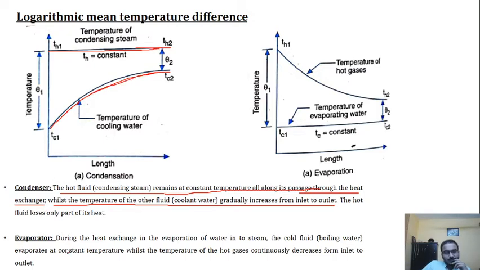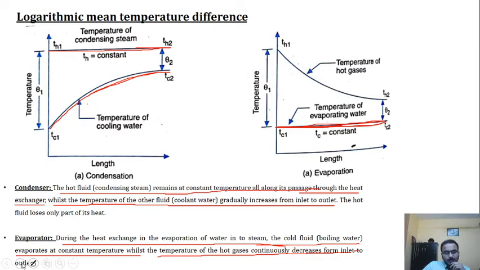Okay, now if we see the evaporator portion, during the heat exchange of evaporation of water into steam, the cold fluid, that is boiling water, evaporates at constant temperature. So this is the evaporating water. That is, the phase change is happening here, so temperature doesn't change and only latent heat is used, while the temperature of hot gases continuously decreases from inlet to outlet.